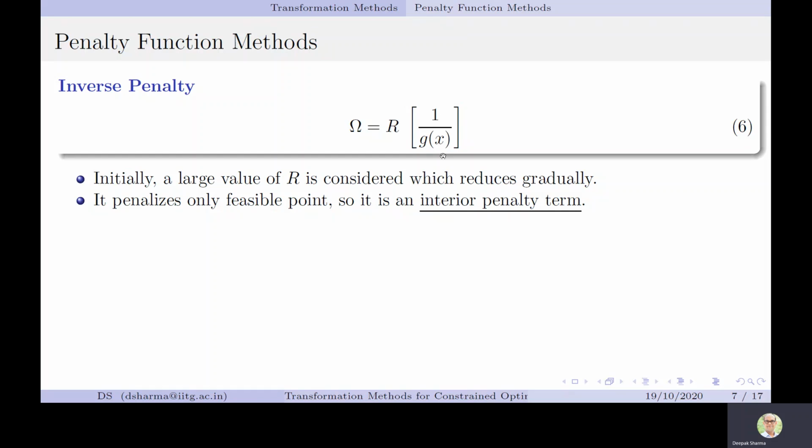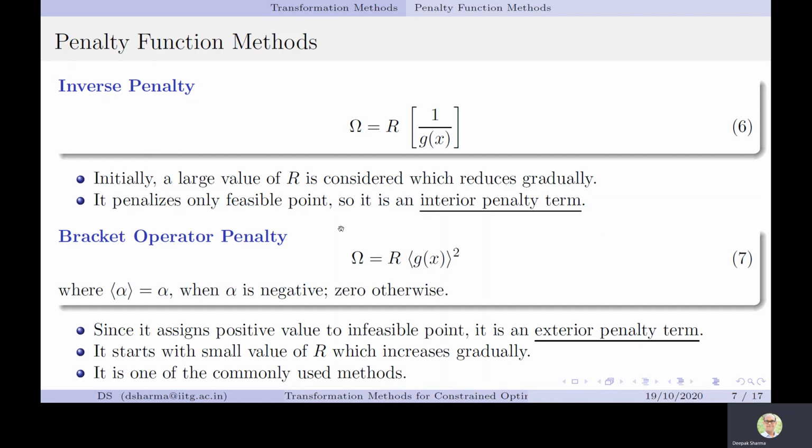Since it will take only positive values, it can deal only with feasible points. So it is going to penalize the feasible points only. So we can say the inverse penalty is an interior penalty term. Again, in this case, the value of r, we take it very large at the beginning, and we keep on reducing this value gradually.